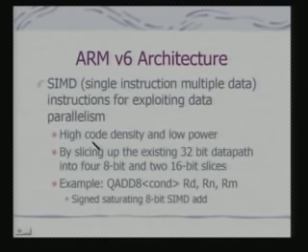Single instruction, multiple data. That is, it uses a single instruction to execute on multiple data, okay? And so it exploits what we call data parallelism. A simple example is this QADD8. Now what does that mean? See, these registers, these are operands and they are 32-bit registers. 32-bit registers means they will have 4 8-bit data values, okay.